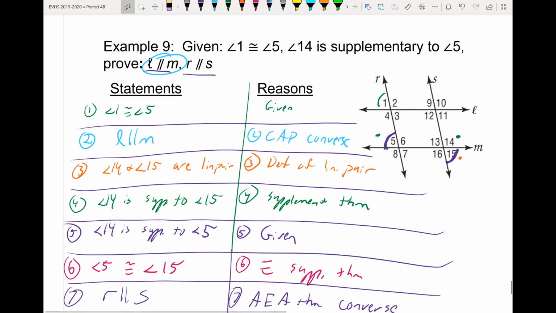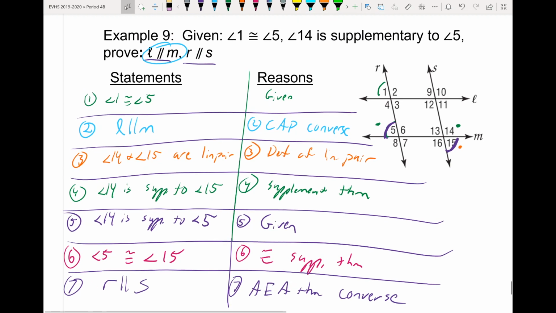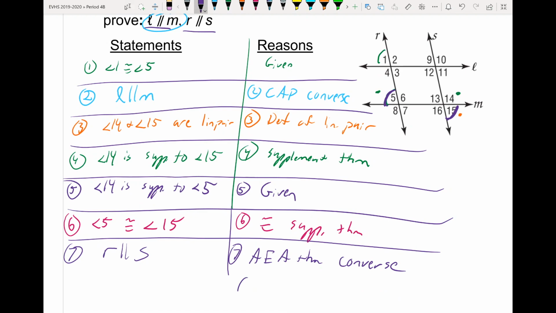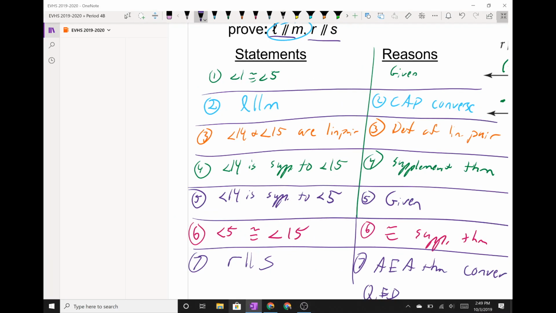And it looks like I wanted to show L is parallel to M, which I did in step 2, and R is parallel to S, which I did in step 7. Therefore, I am done. And let's make that actually look nice. QED. And that's it. All right, so that's it for our lesson. And as always, please stay patriotic.